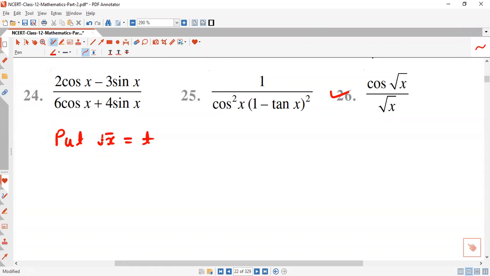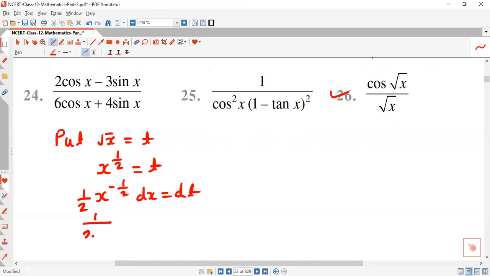If it is the differentiation of this part, x raised to half equal to t. This comes out a half x raised to minus half dx equal to dt. We can write this as 1 upon 2 root x dx equal to dt.